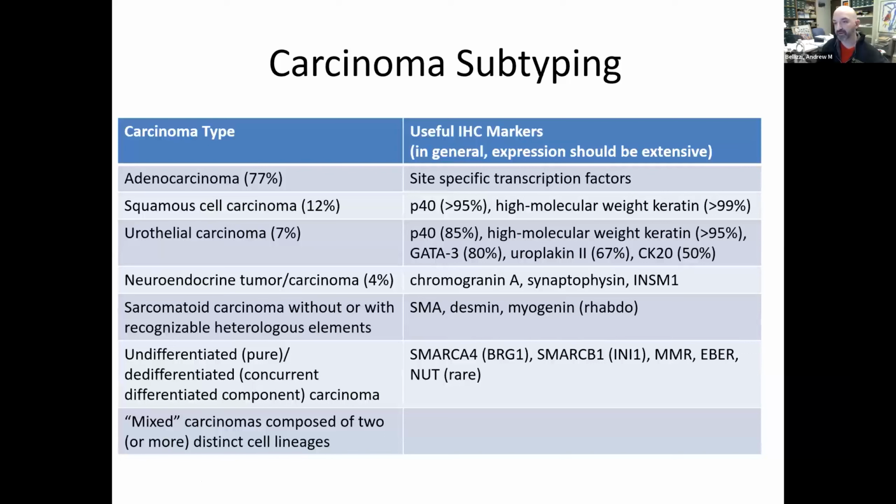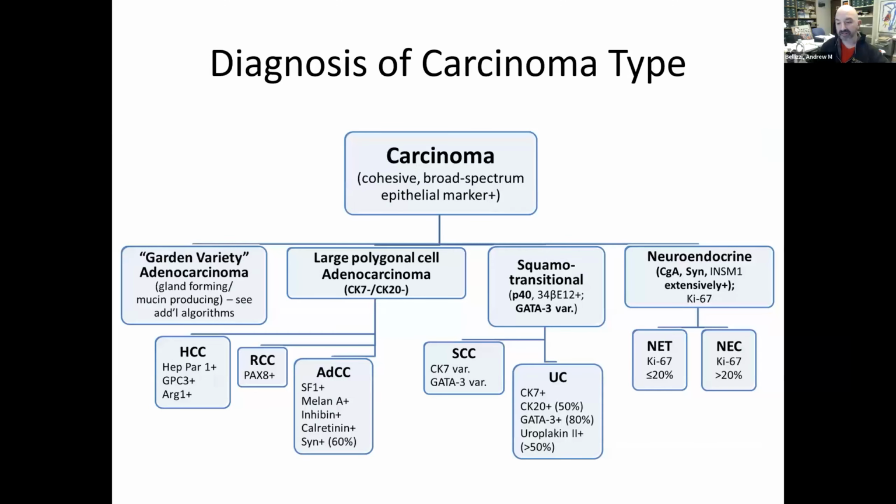So that's carcinomas of 1 or 2 or 3 of these types. And here are immunohistochemical markers that I might use to support squamous cell carcinoma or urothelial carcinoma, neuroendocrine tumor or carcinoma.